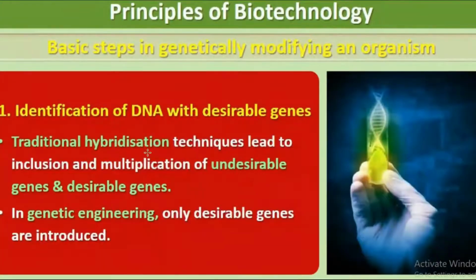In order to avoid this situation, in genetic engineering we have to isolate the desirable gene only. So that is the meaning of the first step, identification of DNA with the desirable gene.